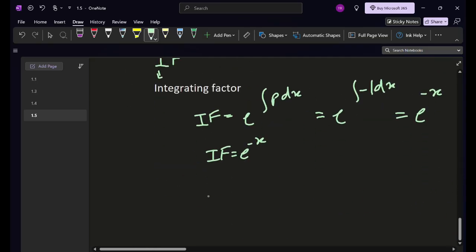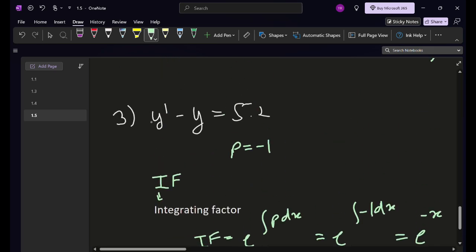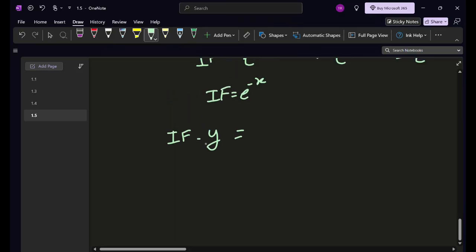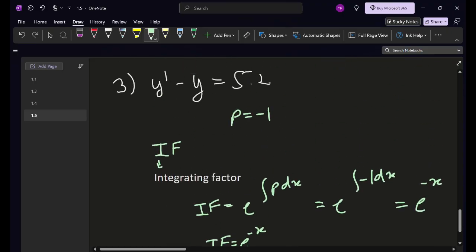Now what we are going to do is multiply the IF with y, only y, nothing else. So if in the question there is a term attached over here, make sure to remove it by dividing the whole equation by that term, so that it only stays like this. So IF multiplied by y is equal to the integration of q.